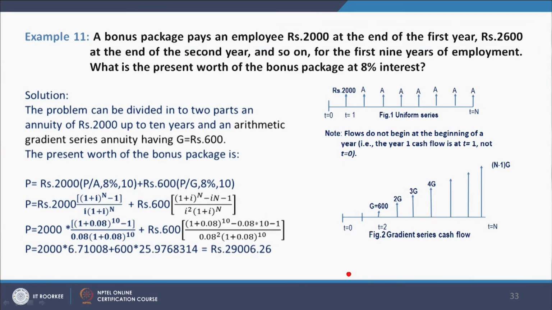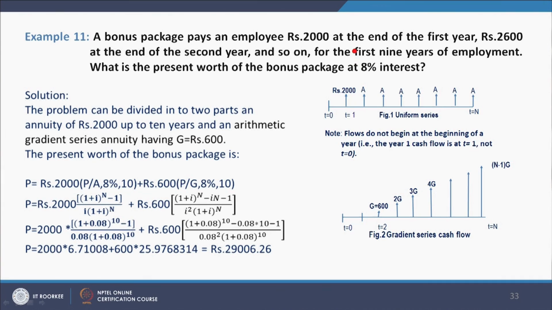Now, this is the last question, example number 11. A bonus package pays an employee rupees 2,000 at the end of the first year, 2,600 at the end of the second year, and so on for the first 9 years of employment. What is the present worth of the bonus package at 8% interest?